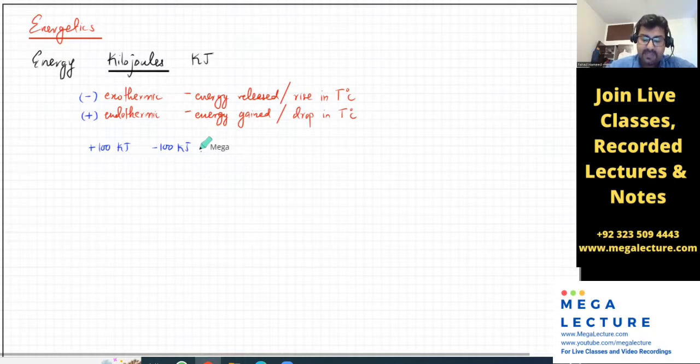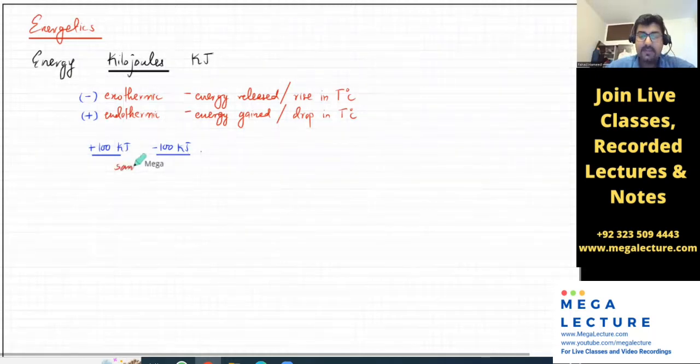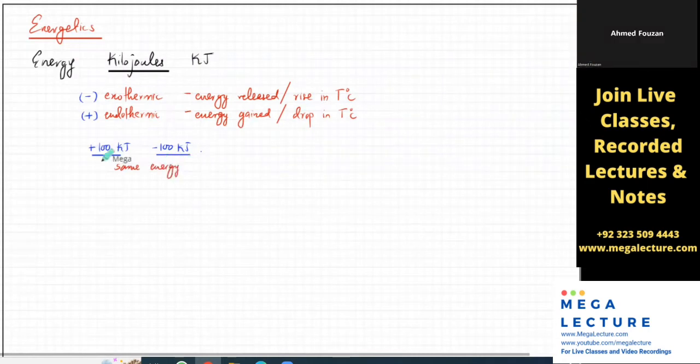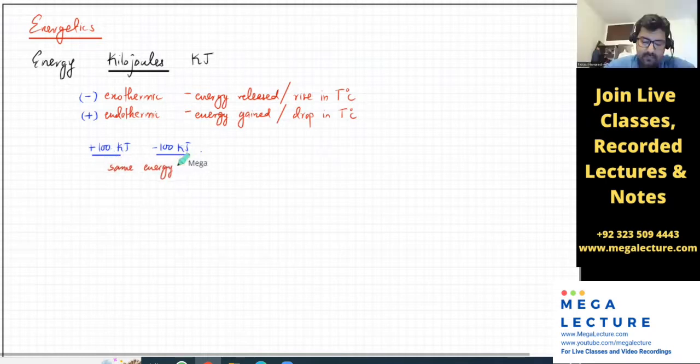Both of them are exactly the same amount of energy. No one is greater, no one is smaller. It's just the direction of energy. Is that clear? So don't confuse plus and minus with greater or lesser. It's the same quantity.